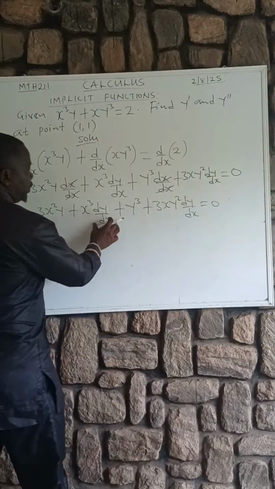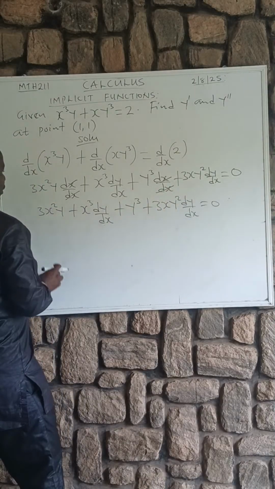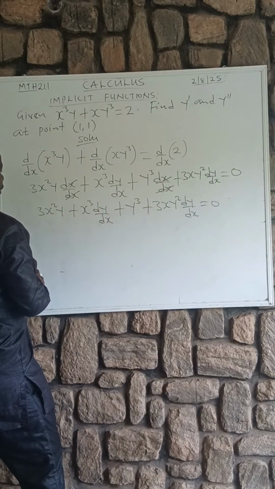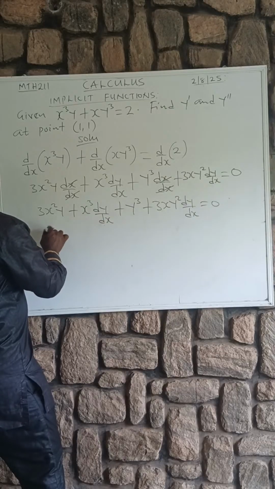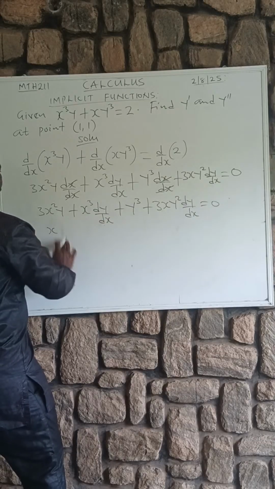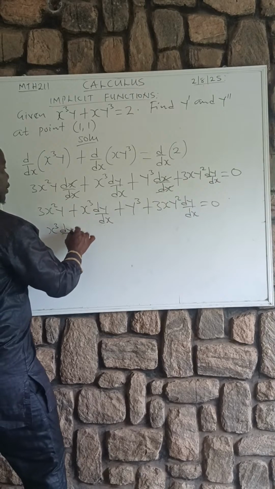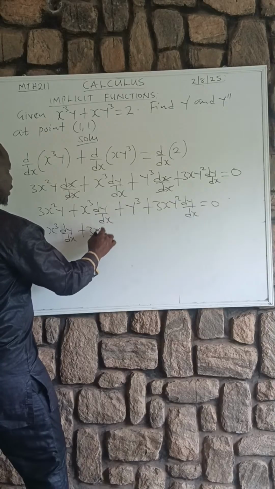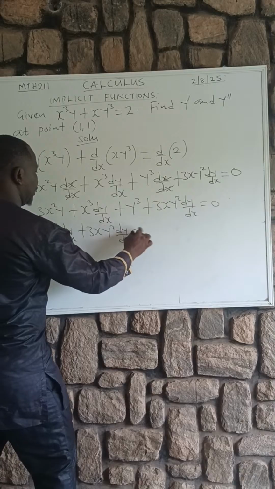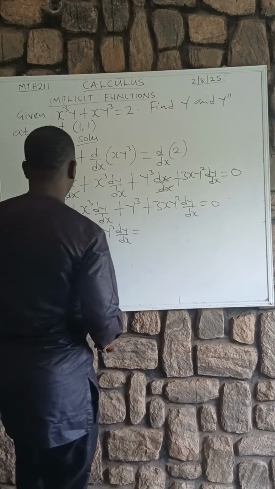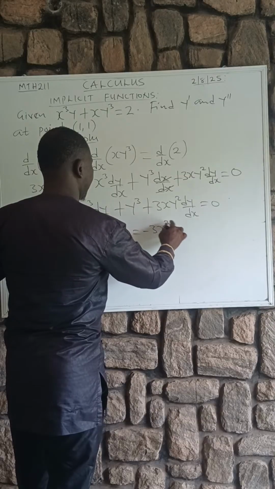This, then we take this one to the other side. So if we do that, it means here will be x cube dy all over dx plus 3x y square dy all over dx is equals to, this one cancel, the sign of positive becomes minus 3x square y.